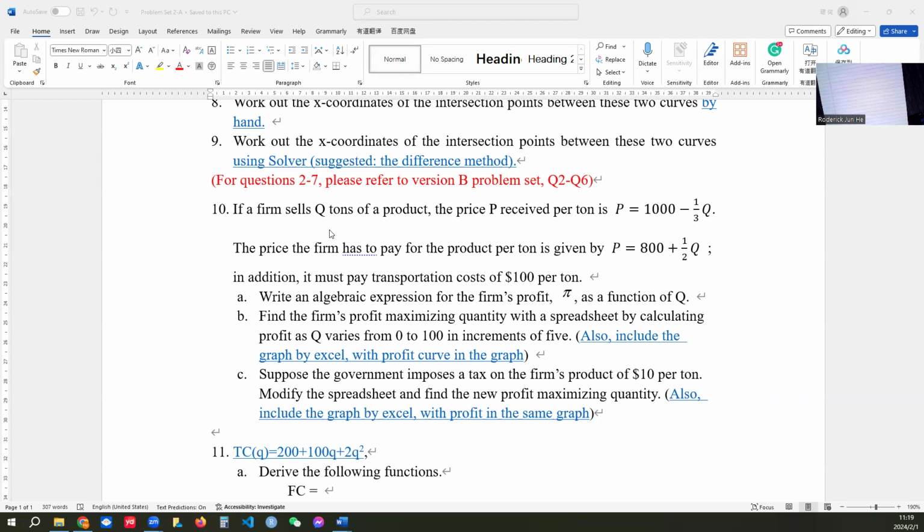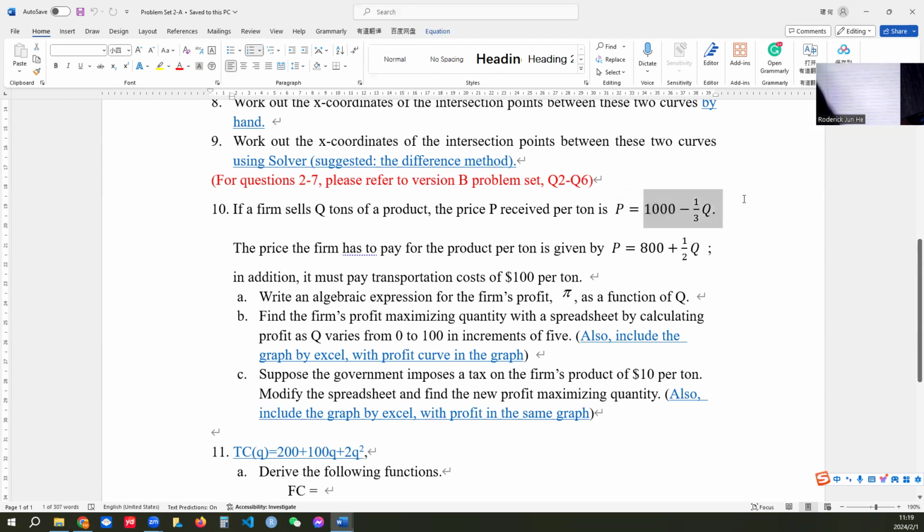So here, the first confusion that I got was there are multiple P's. Which one is which? The first one, P equals 1,000 minus 1/3 Q, is going to be your income, namely your revenue.